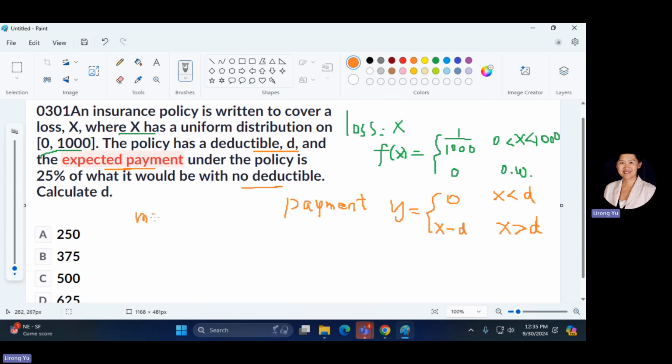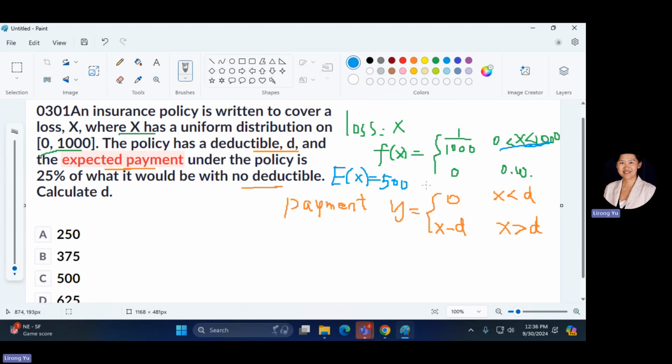The expected value for X, E of X, is the mean value, which should be in the middle of 0 and 1,000, so 500. That's what you were expecting to pay if there's no deductible. Without a deductible, on average, you're paying 500.